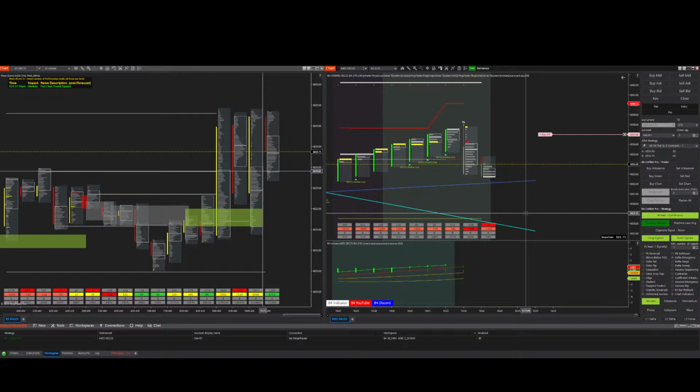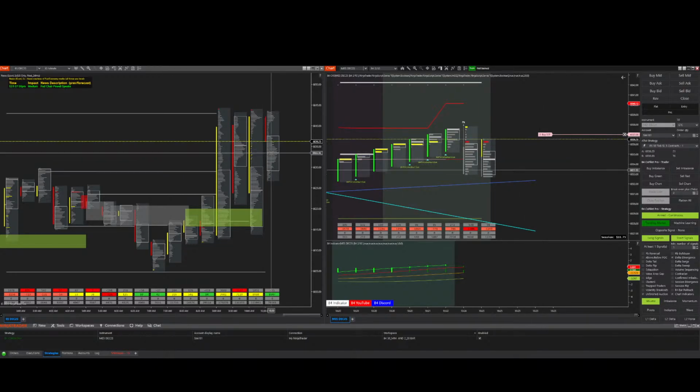It's got to close above that Tenkan-sen. A lot of buying interest right here.